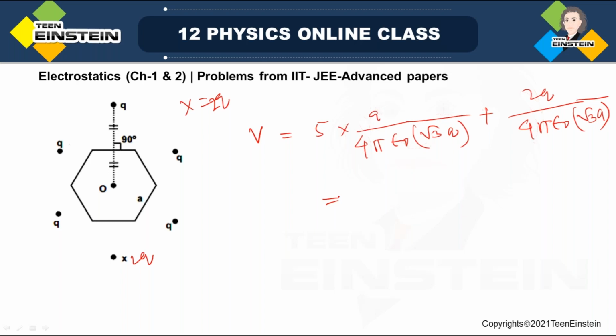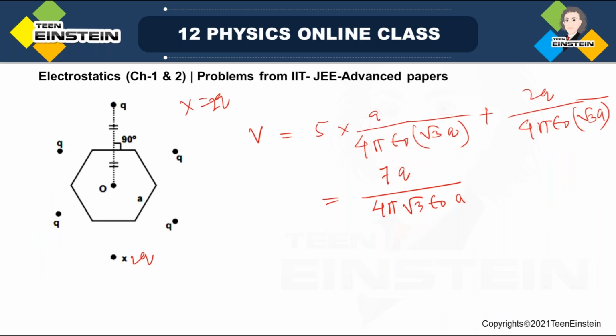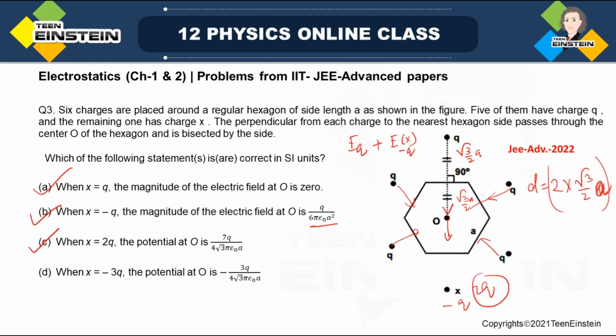We will eventually get 7Q by 4 pi root 3 epsilon naught A. Let us see, this is the option which is correct. And the last option we will see: if this is minus 3Q, what is the potential there?